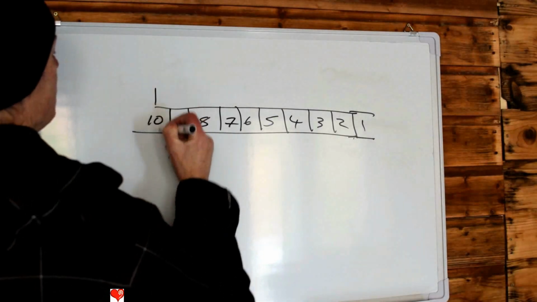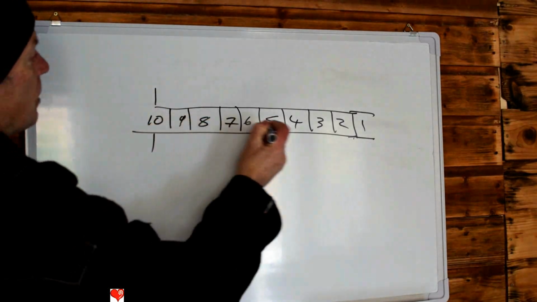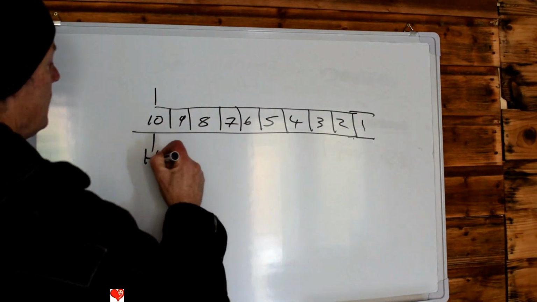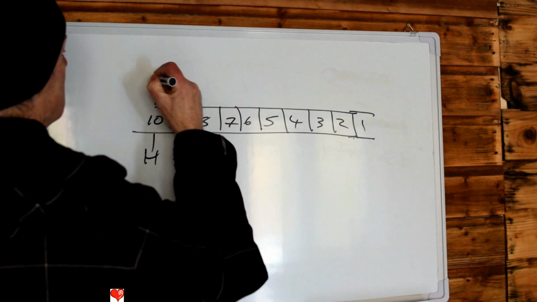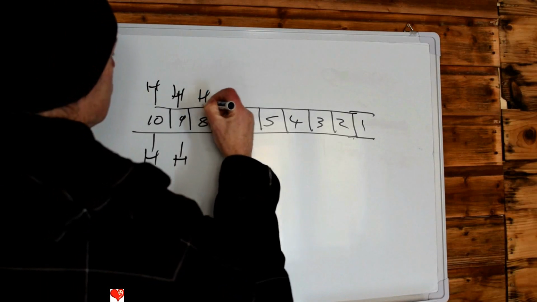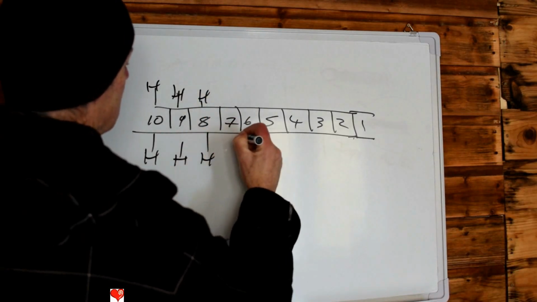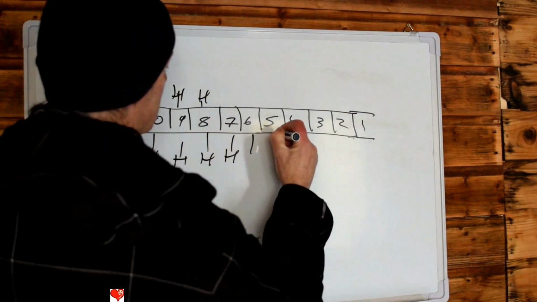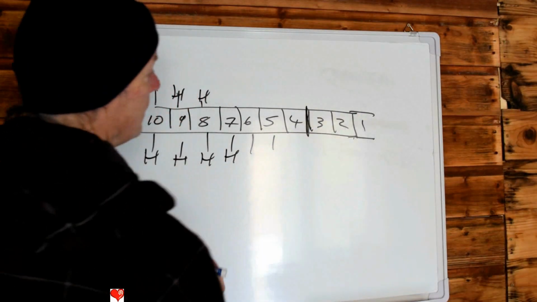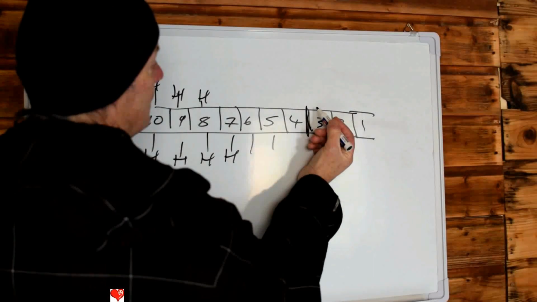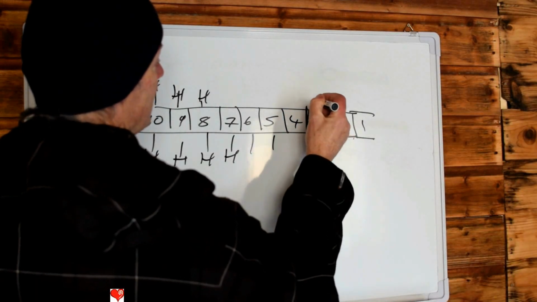Same thing again. These are all carbons in the middle. These are your hydrogens. Your hydrogens are attached to it. But here, there are no hydrogens there.